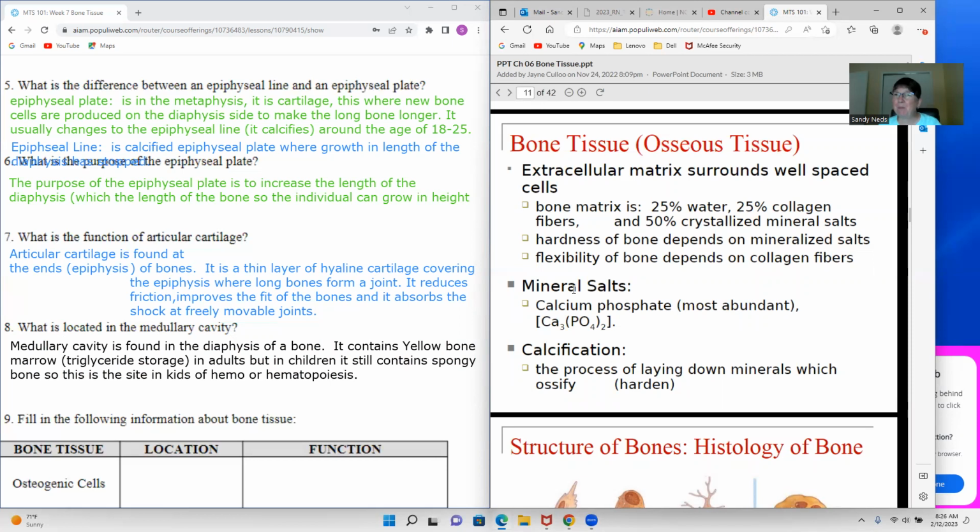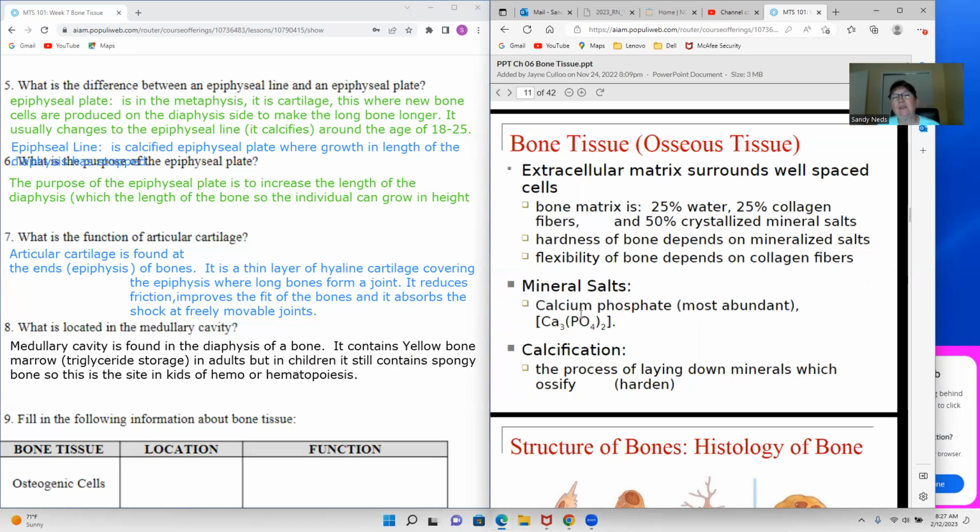So if you remember, we go back to the very first slide, the 6 major functions of bone: to store, to structure, to protect, to assist in movement. And then we did mineral homeostasis. And we said it was calcium and phosphorus, so that's phosphate, and magnesium. So it kind of makes sense that this mineral storage would be calcium and phosphorus.